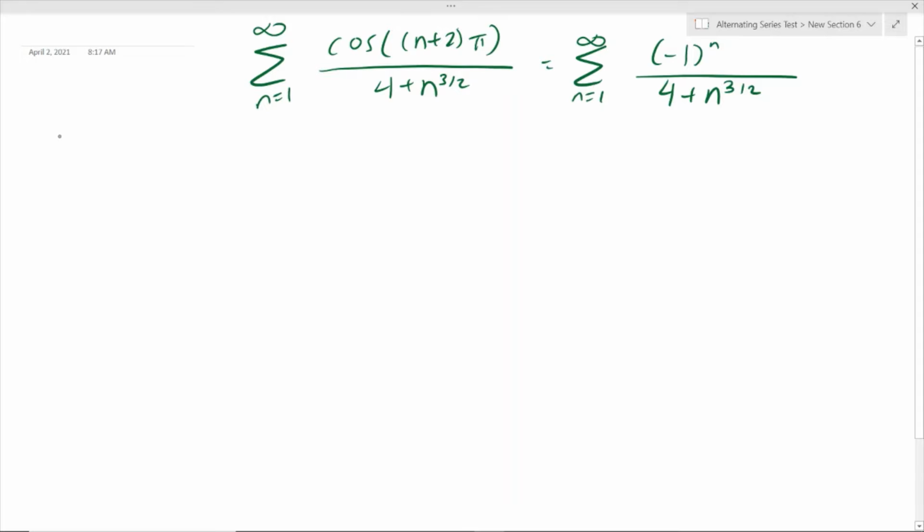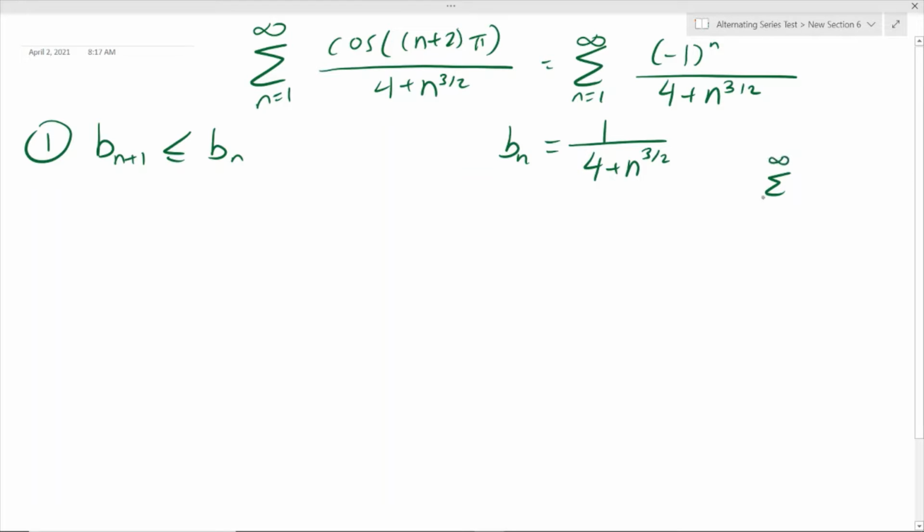Our first condition is whether b_{n+1} is less than b_n. Well, what's our b_n in this case? It is 1 over 4 plus n to the exponent of 3 over 2, because our series typically has the form of -1 to the exponent of n, and then there's a b_n right here.